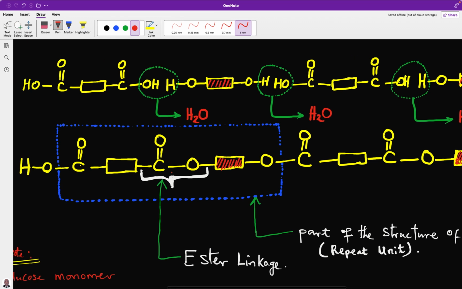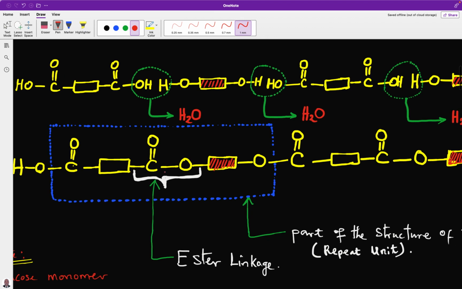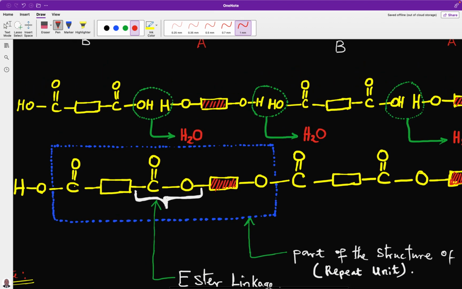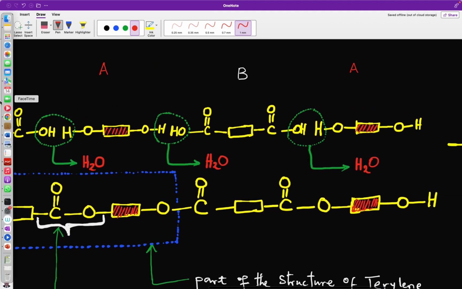So now, if we are to represent a structure, a part of this molecule, this molecule that I've just written, it gives what?